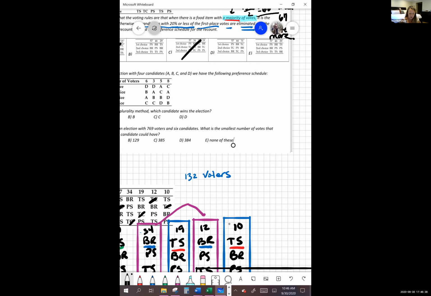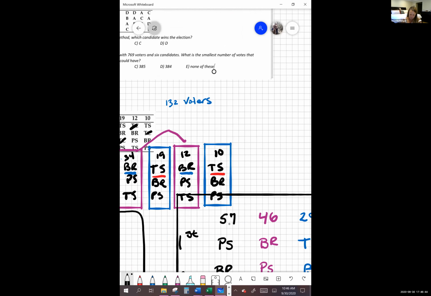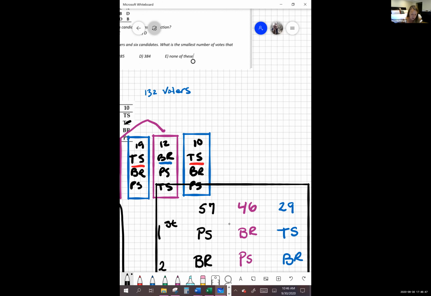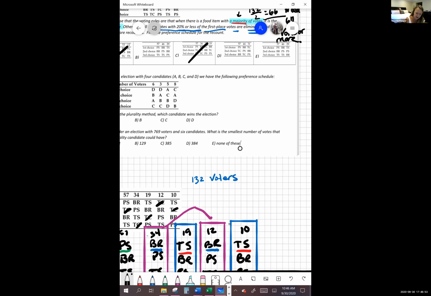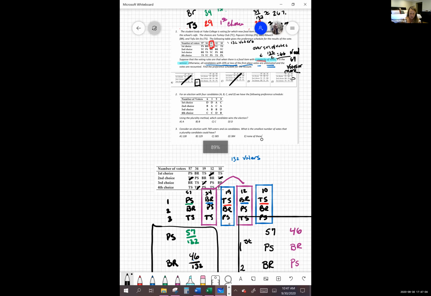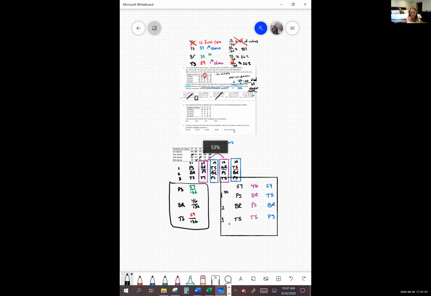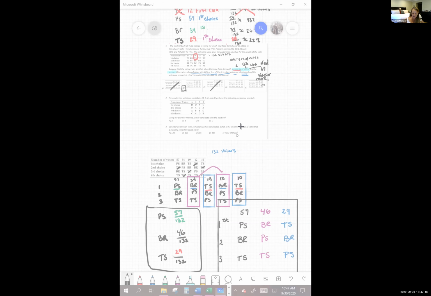Those both work. Then it's BR, PS, BR. Yeah, BR, PS, BR. That one doesn't have the BR there. So it would have to be B. Okay. So that one took a little bit longer than a lot of them will or should. So the next question, I'm just going to pull it so it's right in front of me.